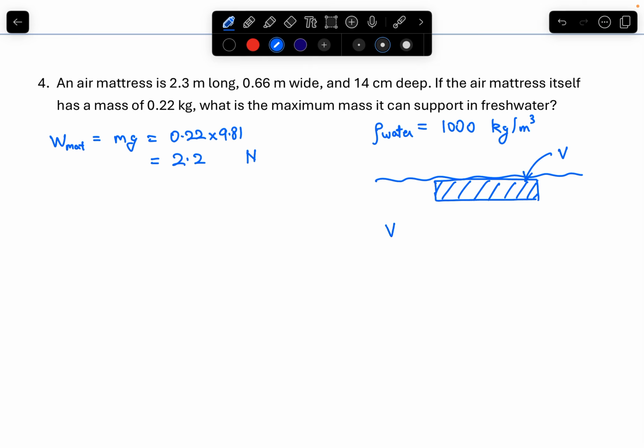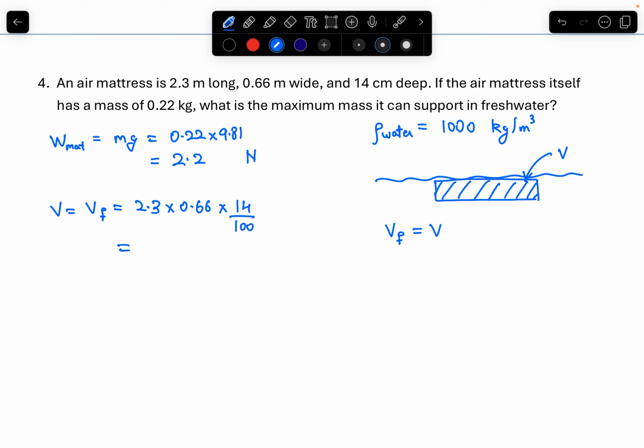The amount of fluid displaced will equal the volume of this mattress. So let's find that volume: Vf is equal to 2.3 times 0.66. Now these two values are in meters, but this particular depth is in centimeters, so I will convert that into meters right here.